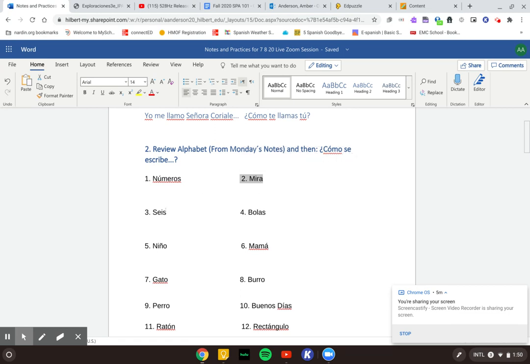¿Cómo se escribe seis? So at this time, you'll be spelling that word out loud, even if you're just talking to the computer screen. You should have gotten S, E, I, S. Número 4. ¿Cómo se escribe bolas?